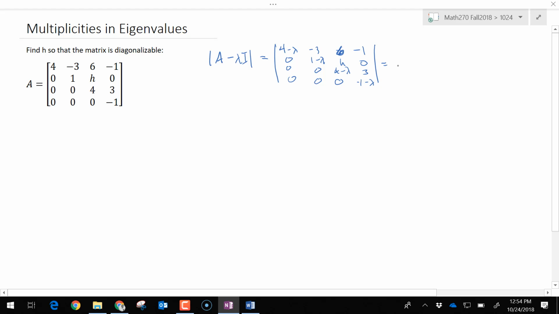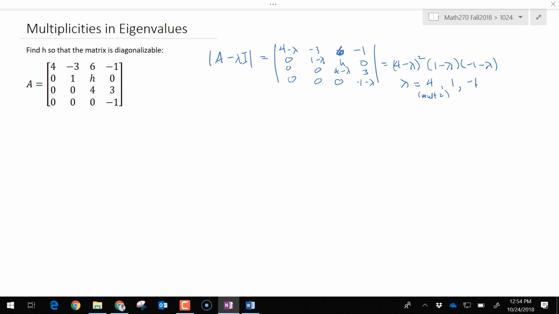Then it's just going to be 4 minus lambda, a factor that happens twice, and then 1 minus lambda and negative 1 minus lambda. So we have lambda equal to 4 with multiplicity 2, positive 1, and negative 1. So these are our eigenvalues.